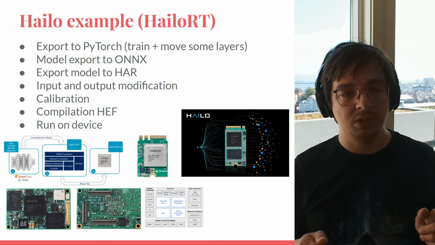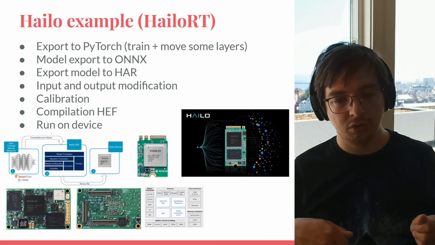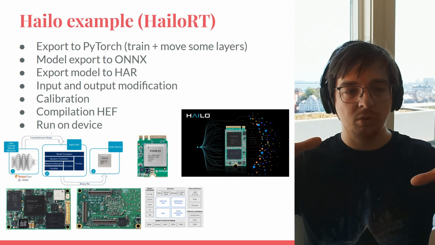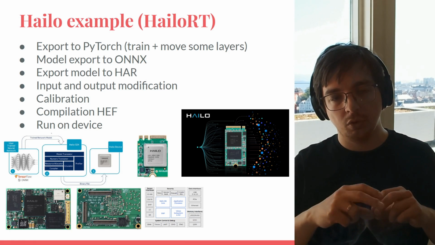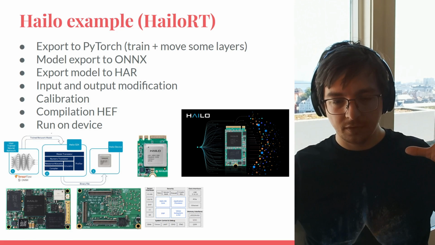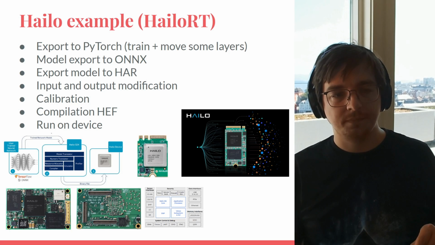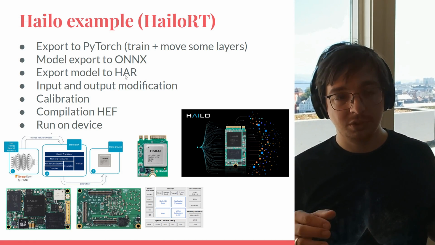And after that, you need to do compilation into the specific Hailo format, so that the already pre-built model will be sent to the device and optimally projected onto the geometry of the silicon. Only after that can you run your model on the device.